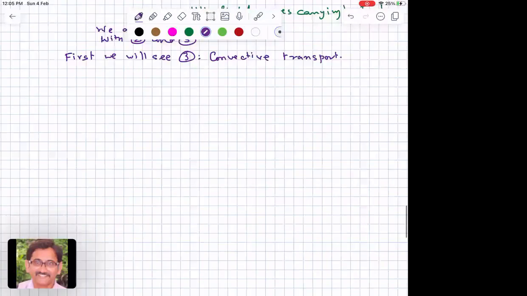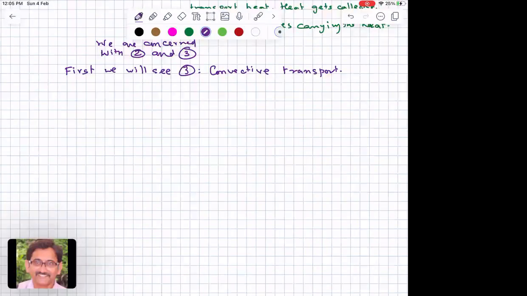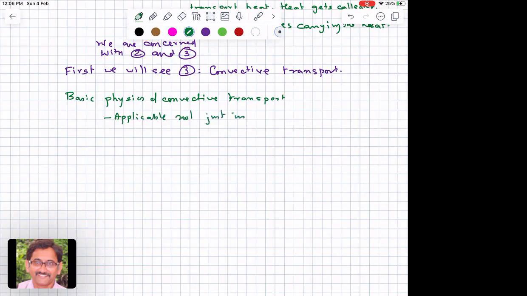And now the interesting thing is that the basic physics of convective transport is applicable not just in astrophysics, but also in the planetary atmosphere.